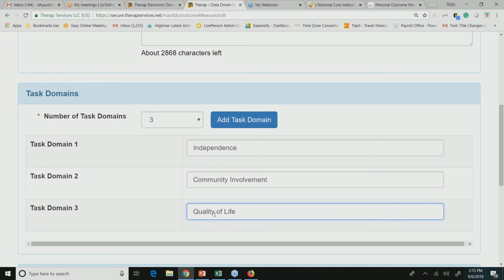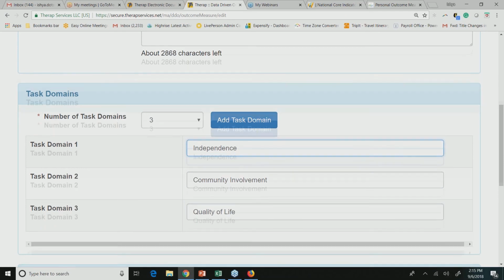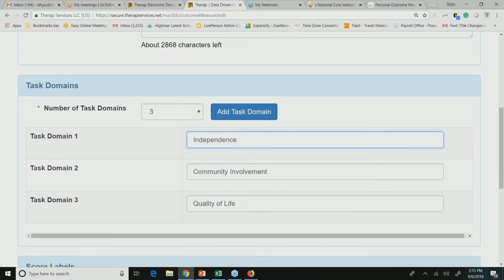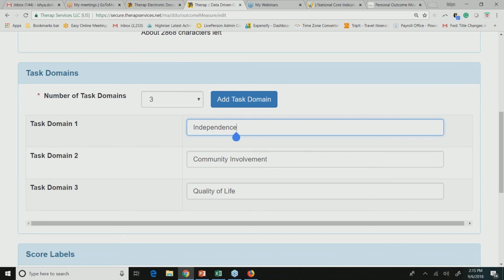All right, so those would be my 3 domains or categories. I sort of like to call them my buckets. These are the buckets of information that I want to collect to see how well my organization is doing towards these performance measures based on our mission statement.